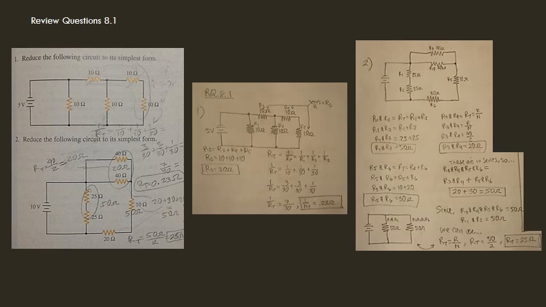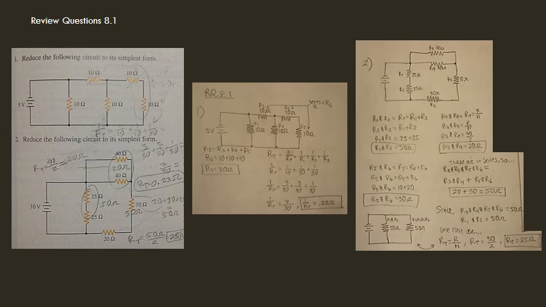When you add that, you get 7 over 30, which is 7 divided by 30, which is 0.23.